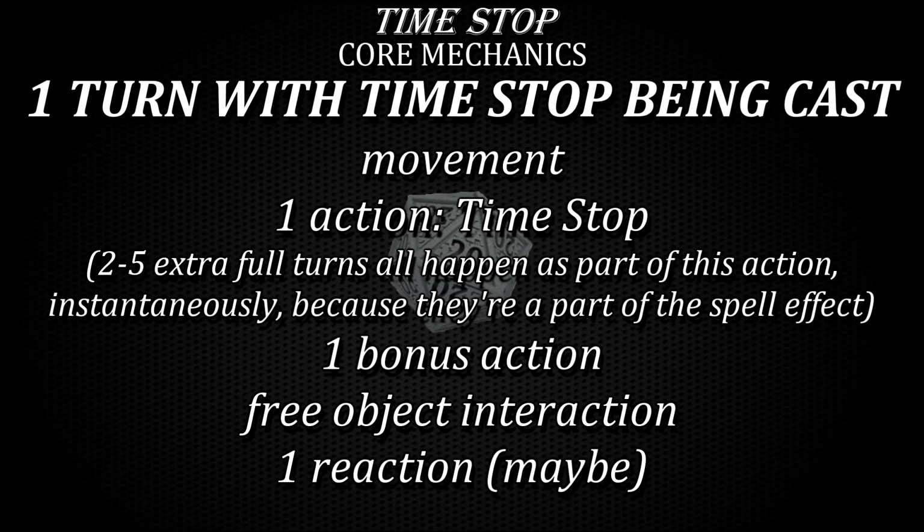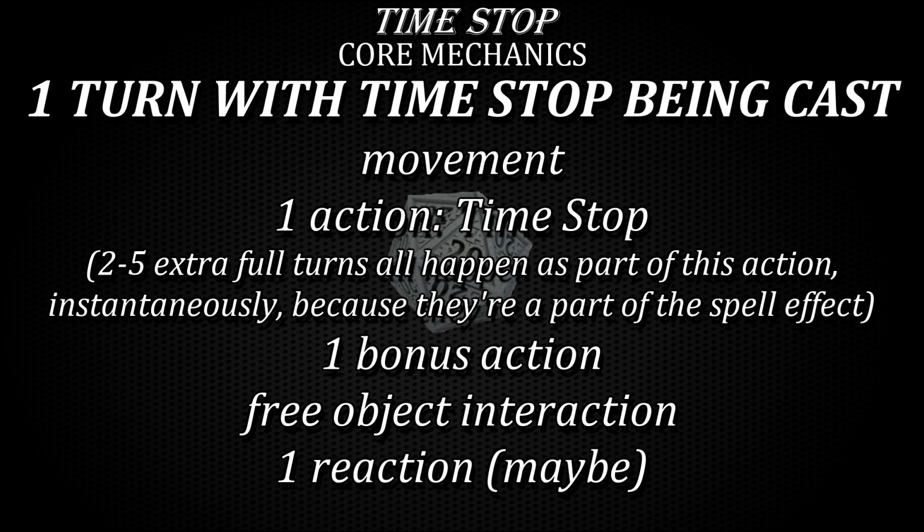On a more serious note, the easiest way to explain how Time Stop's additional turns and their corresponding action economy fit into your standard turn's action economy is, well, to simply consider all of these extra turns as nothing but an effect of the spell itself. I mean, that's what they truly are. They are just part of Time Stop's spell effect.